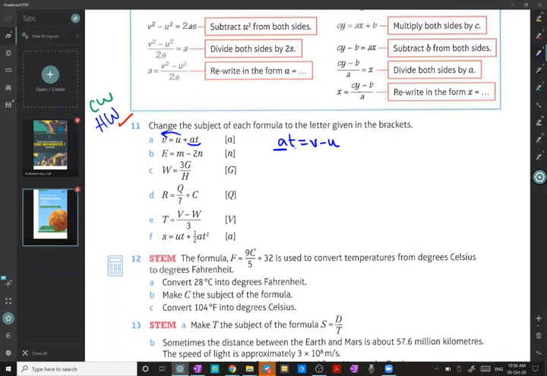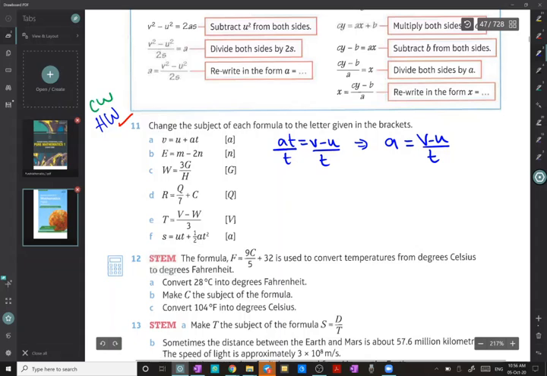So if I divide both sides by t, I'm going to get the final answer as a equals v minus u over t. Therefore, I've changed the subject of the equation from v equals something to a equals something, and this is what they want us to do. This method is called changing the subject of the formula.